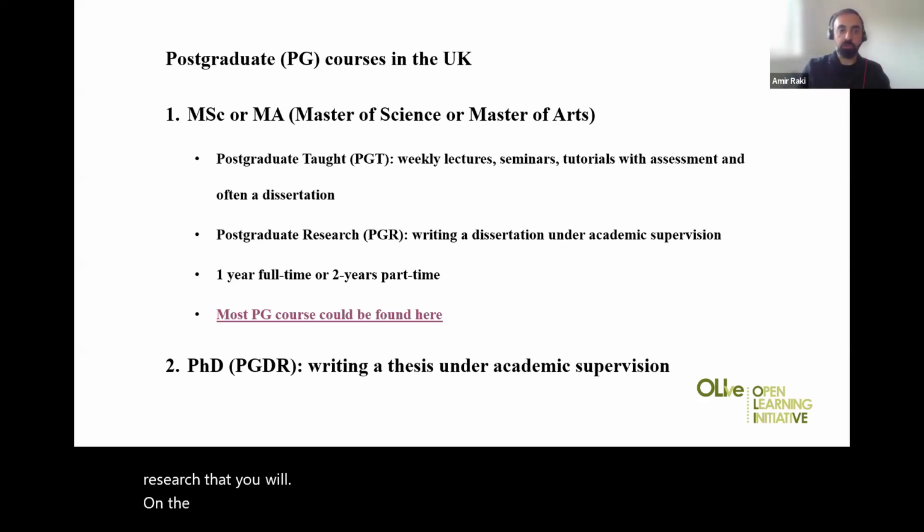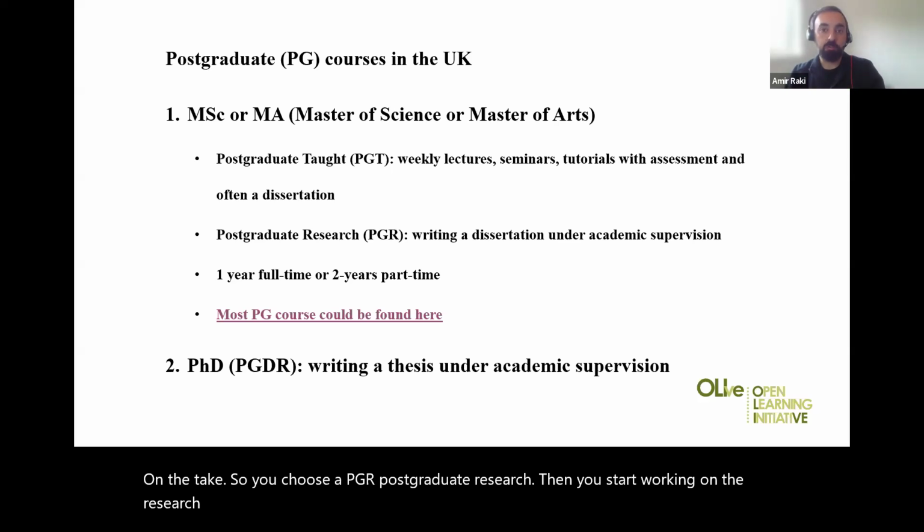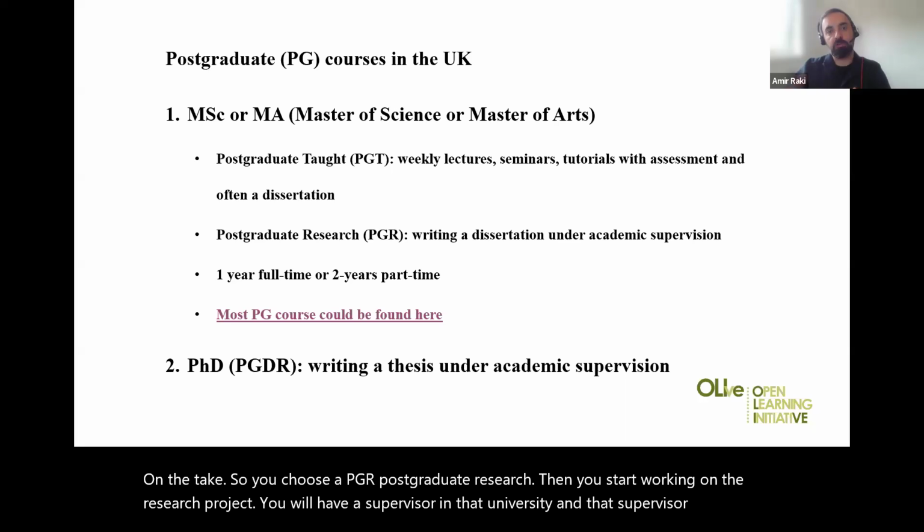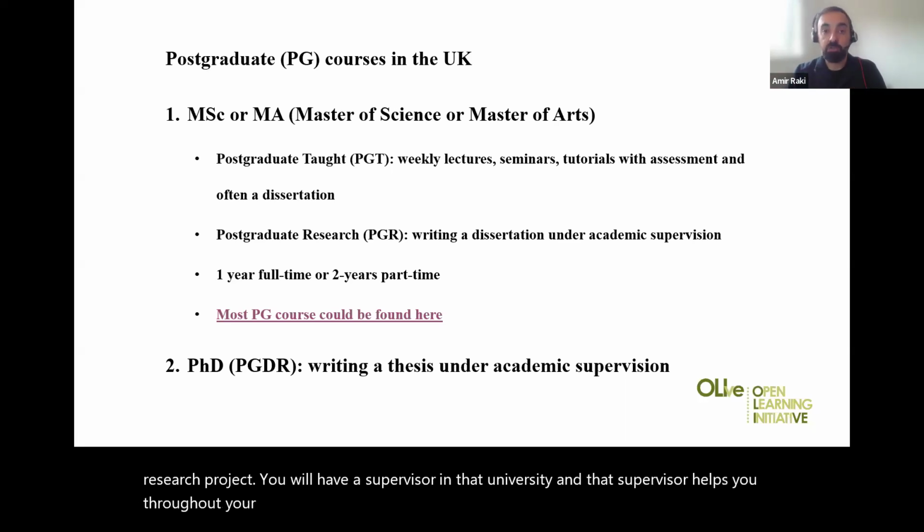So you choose a PGR, postgraduate research, then you start working on a research project. You will have a supervisor in that university, and that supervisor helps you throughout your research process. And then you will write a dissertation based on the research that you've conducted.